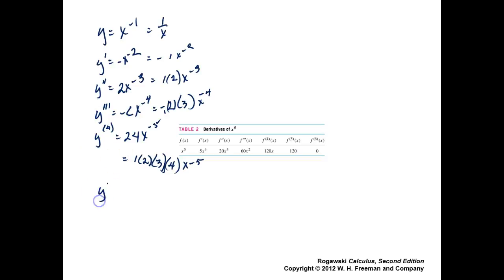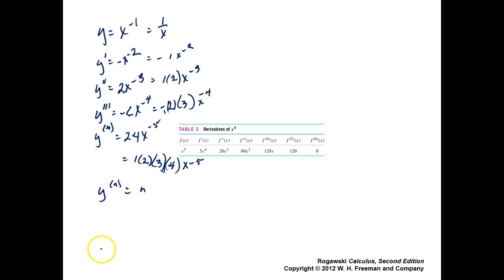So y to the n, and put that in parentheses because that doesn't mean y raised to that power. The nth derivative of y would then be n, whatever power that is. The 4th is even, the 4th is positive, 2nd is positive, 6th is positive.